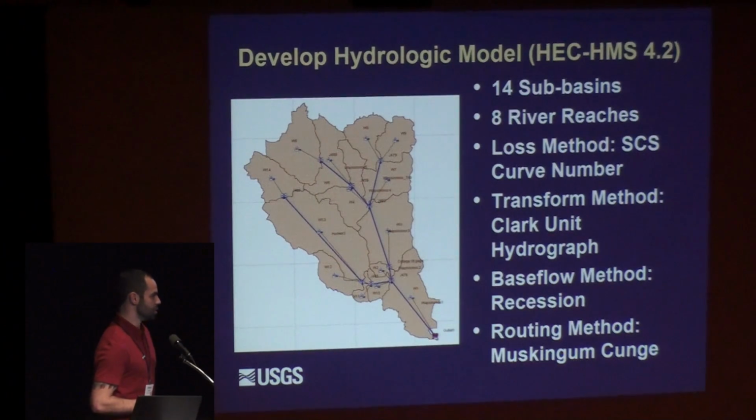Some of the parameters used in this program: for loss method, I use the SCS curve number, which is your runoff value; transform method, I use the Clark unit hydrograph; base flow method, recession; and the routing method, Muskingum-Cunge.